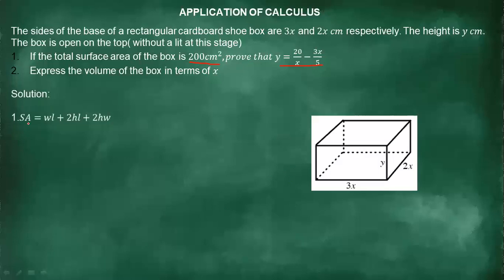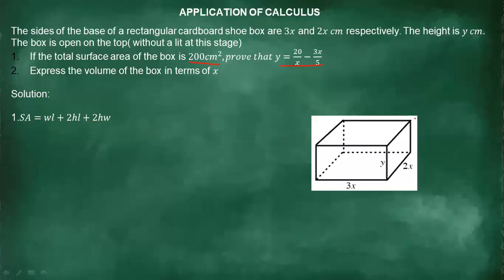Now you say surface area equals 2, but now it's no longer 2 here. It's supposed to be 2 times width times height plus 2 times length times height plus width times length. Why 2 is not there is because it was very clear from the scenario that the box is open on top. It means on top we don't have anything there.